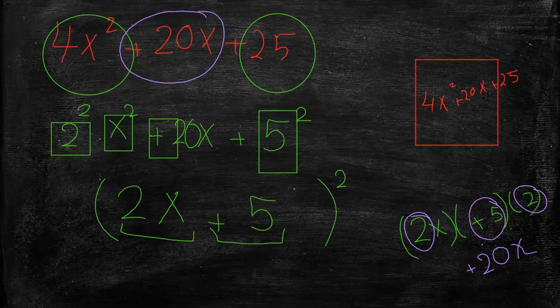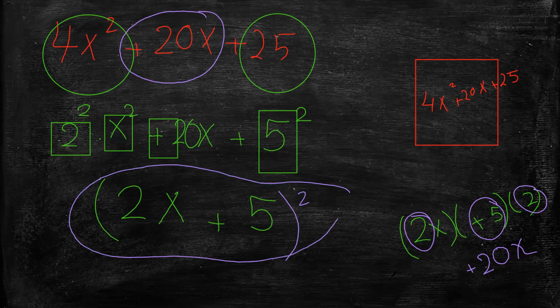Yes. Because of that, I will say now that this is the factored form of 4x squared plus 20x plus 25. That means this is 2x plus 5, and this is also 2x plus 5, because they are the same.